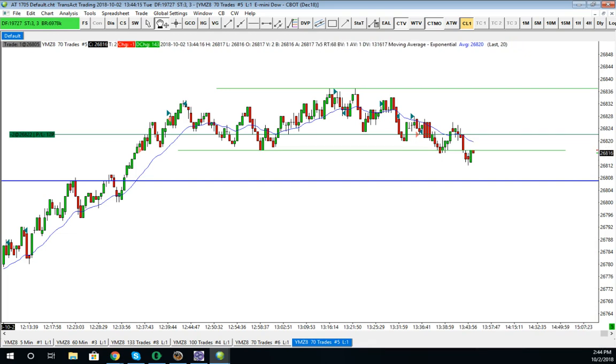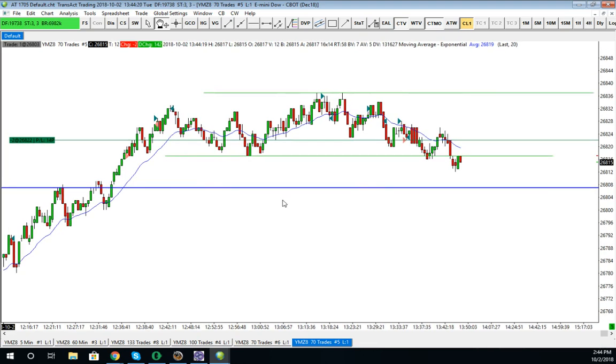We're up some ticks, but things are starting to move. Do we get one push down towards the blue? If not, let's get out.